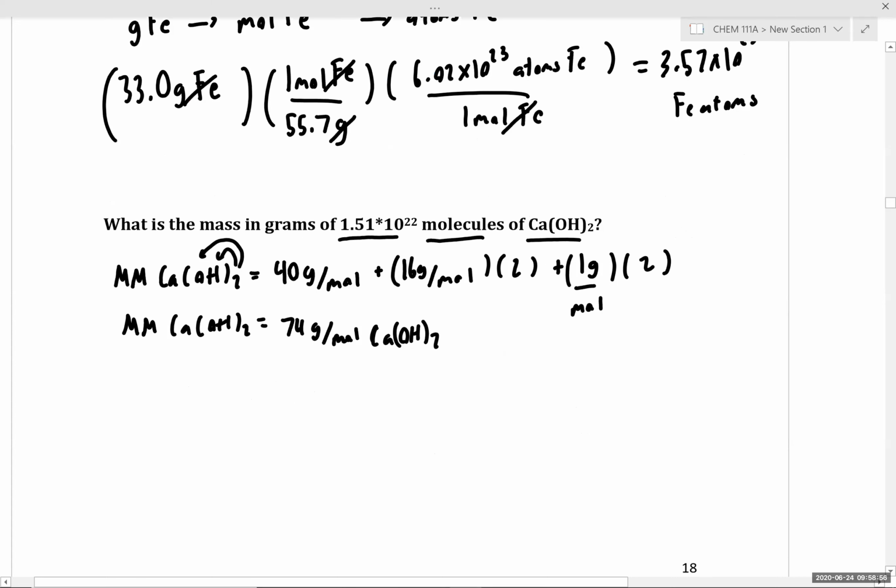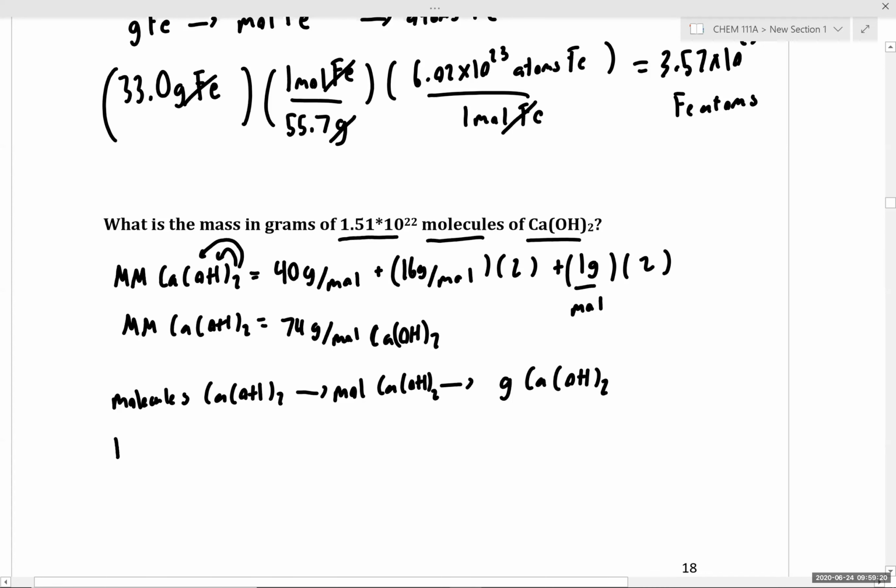Okay, continuing on with this, we're asked to go from molecules of calcium hydroxide to some unit to grams of calcium hydroxide. For our intermediate unit, we're going to go through moles.